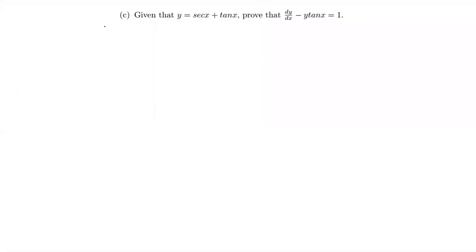So we know that sec x is nothing but 1 over cos x.